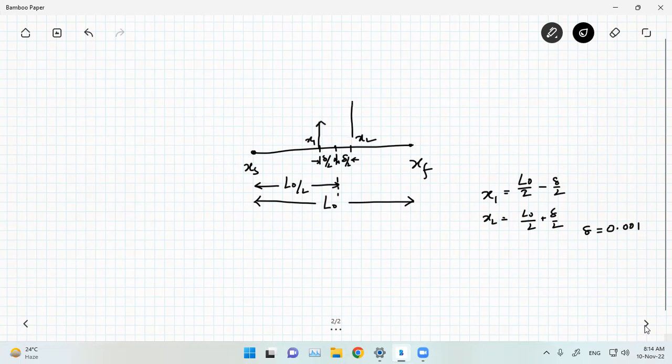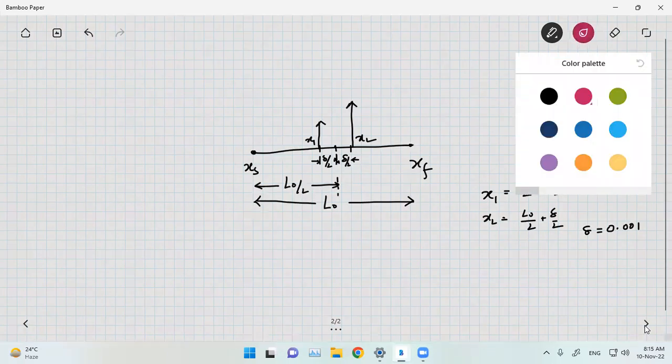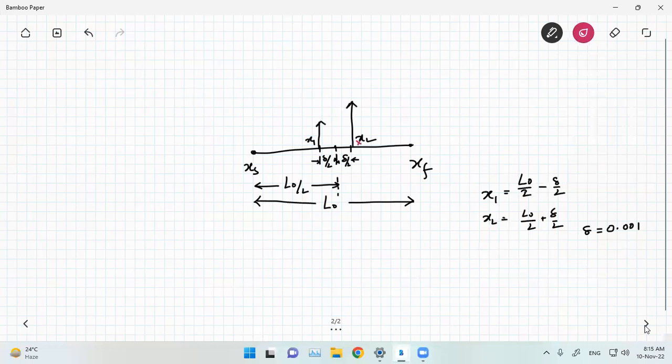If the value is something like this and it is a minimization problem, we are going to discard this portion of our interval.